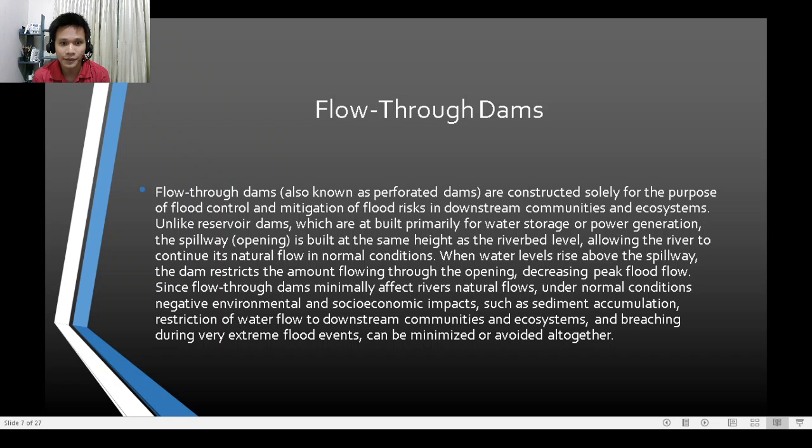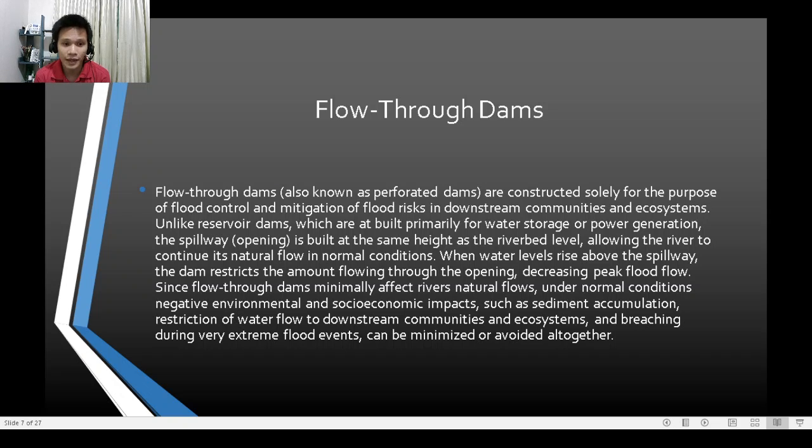Unlike reservoir dams, which are built primarily for water storage or power generation, the spillway or opening is built at the same height as the riverbed level, allowing the river to continue its natural flow in normal conditions. When water levels rise above the spillway, the dam restricts the amount of flow through the opening, decreasing peak flood flow.